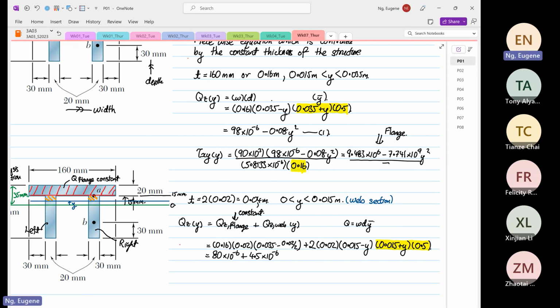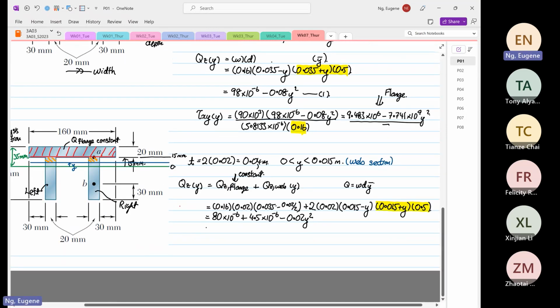Yep, 4.5. And then minus 0.02 y squared. So ultimately, this will be 84.5 times 10 to the power minus 6 minus 0.02 y squared.